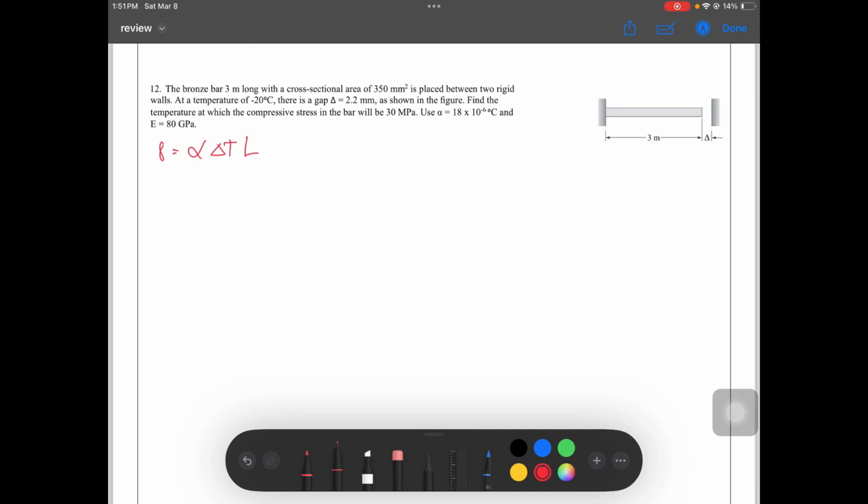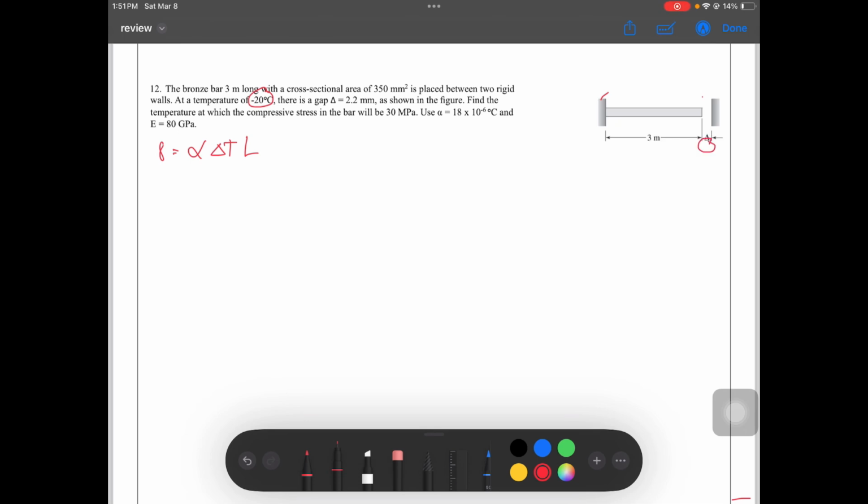So, sabi dito, the bronze bar, this one, which is 3 meters, cross-sectional area is 350 mm squared, placed between two rigid walls at a temperature of -20. So, naging cold yan. So, contraction nangyari dyan. So, at temperature ng -20 degrees, nagkaroon ng gap na 2.2 mm.